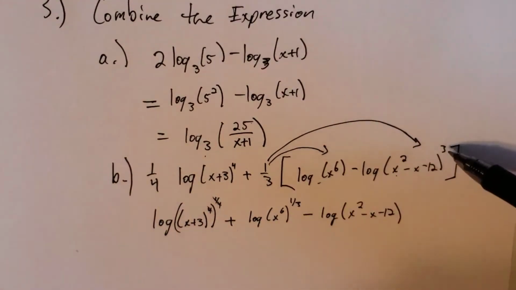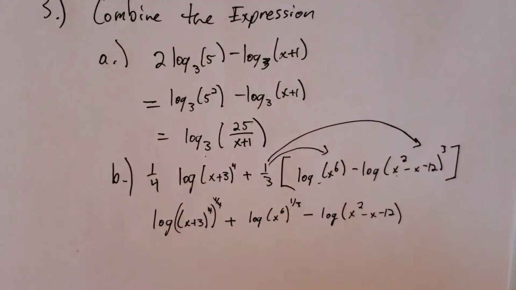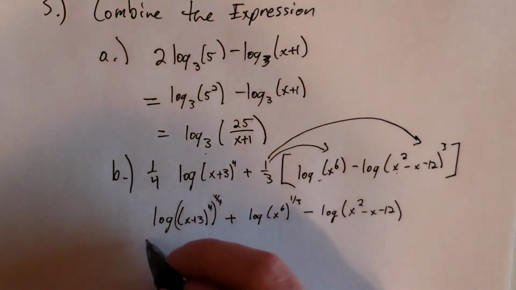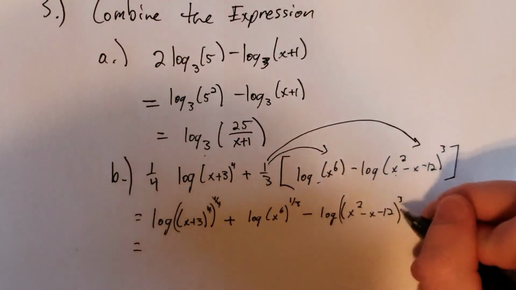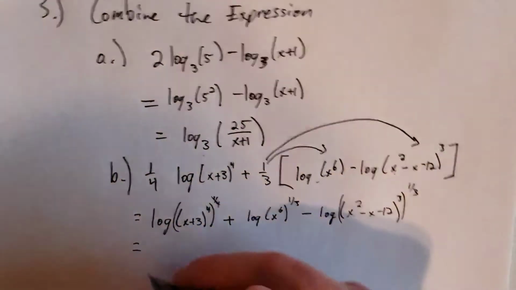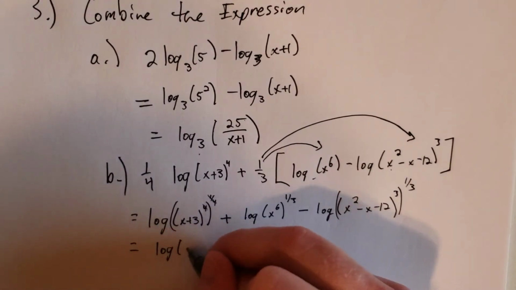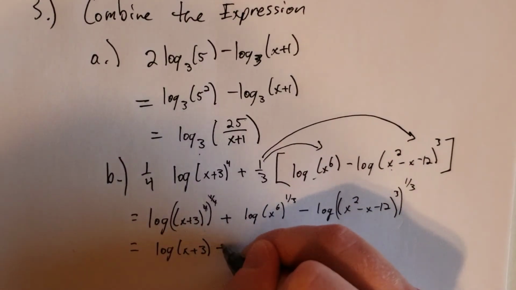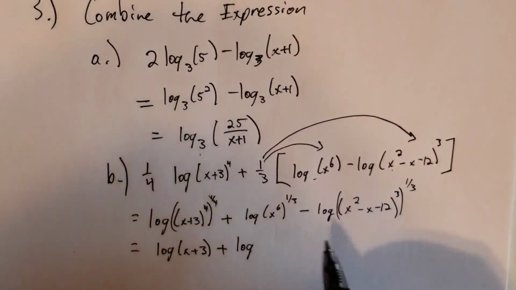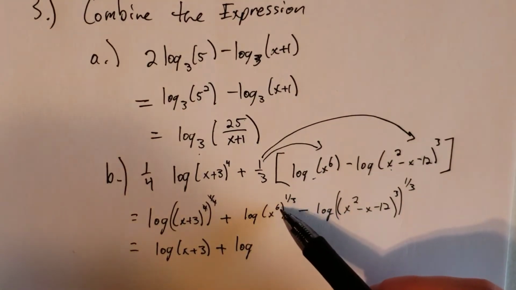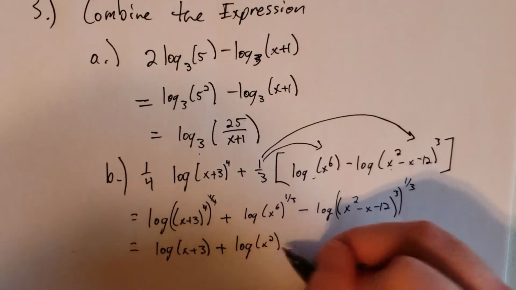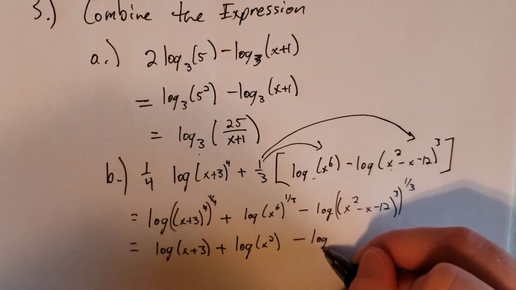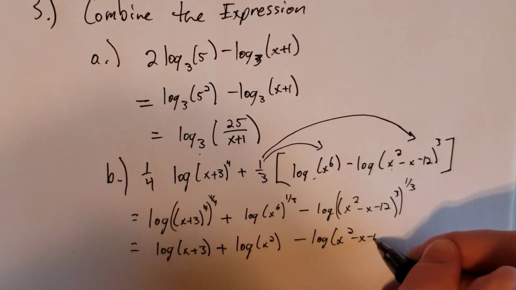But again, it's 1/3 times 3 up here in the exponent, so those will cancel. So I'm just going to go ahead and rewrite all of that out. So this is log of x plus 3 plus log of, we have a 1/3 times 6 here, so that's 2. So this is log of x squared minus log of x squared minus x minus 12.